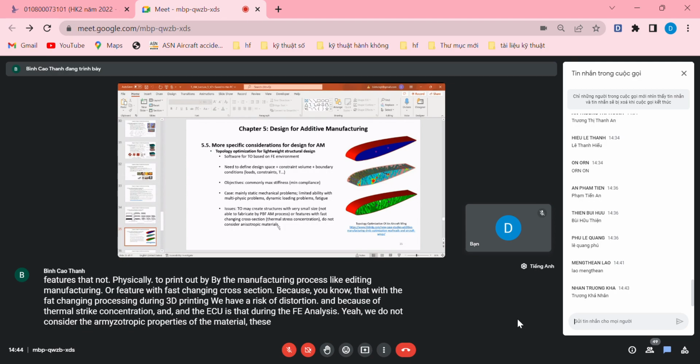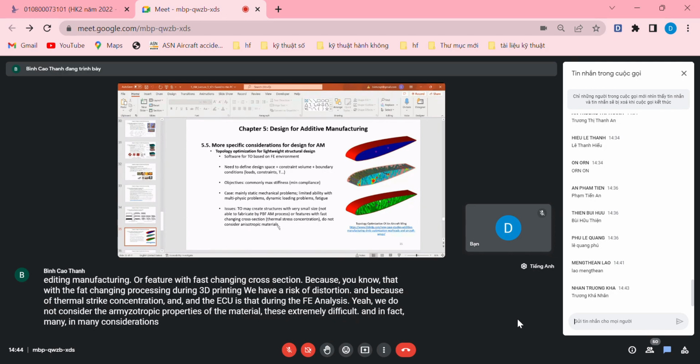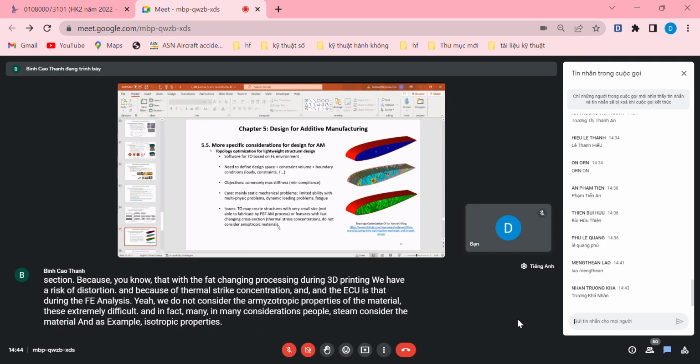This is extremely difficult. In fact, in many considerations, people still consider the material to have, for example, isotropic properties. This is an issue. There are many issues actually.